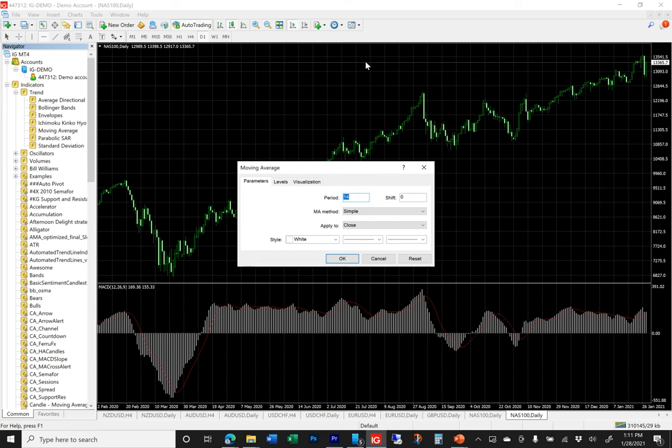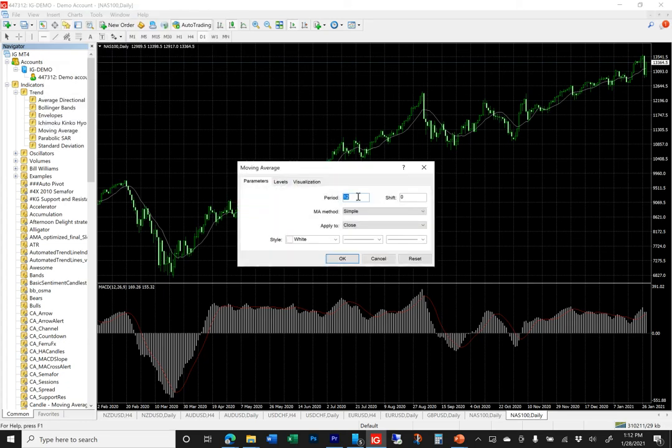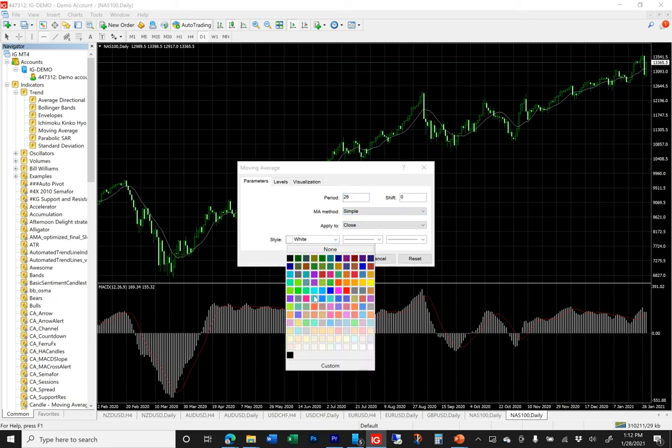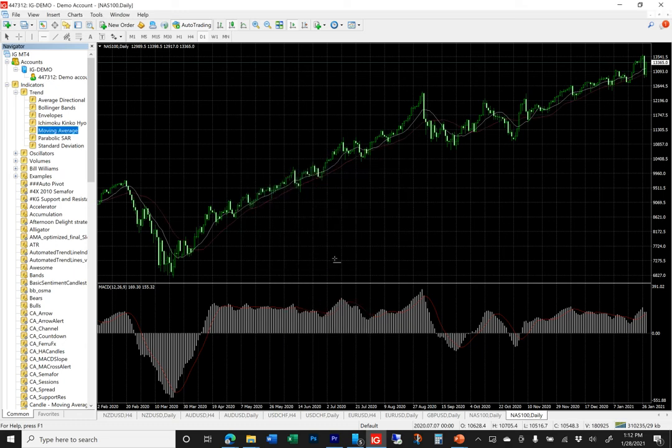This is the daily. Let's go ahead and look at 12. I'm going to use the simple, and we're going to use it at the close of the candle. And then I can just grab another one from here and do 26. So 12 and 26. And let's do pink. All right. So now you've got these crosses here.